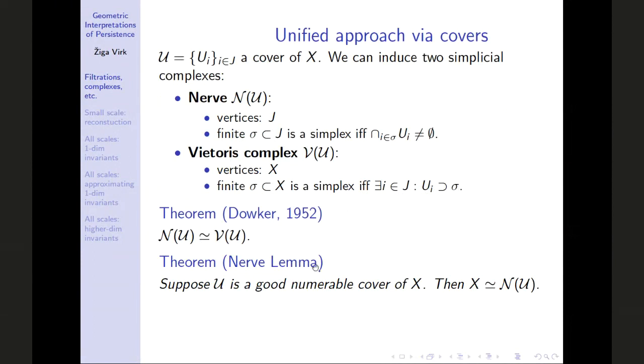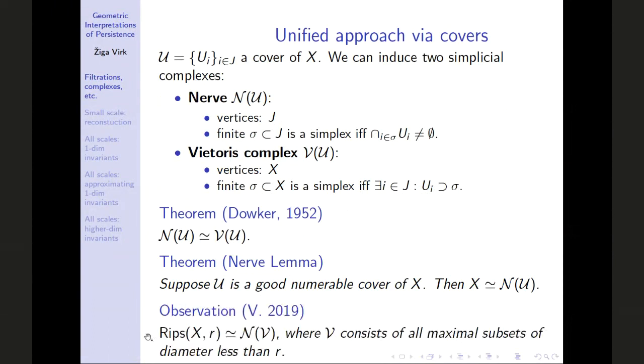Okay, so this is a relationship between Vietoris complexes and nerve complexes. And so what we would like to do now is, well, if we have a Rips complex, we'd like to construct a cover whose Vietoris complex is the Rips complex. This thing below is one option.